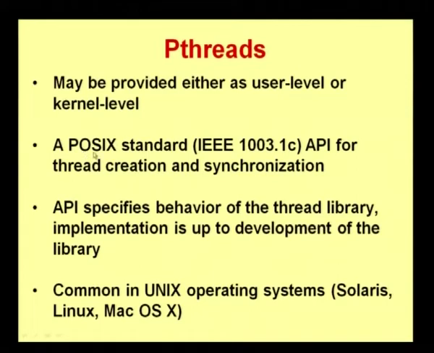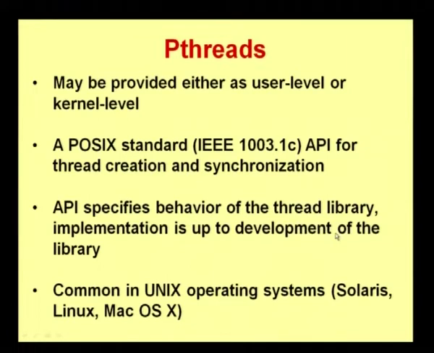A pthread is called a POSIX thread, which belongs to IEEE 1003.1c. So the API is a standard, available for thread creation and synchronization. This API specifies the behavior of the thread library. Implementation is up to the developer of the library.